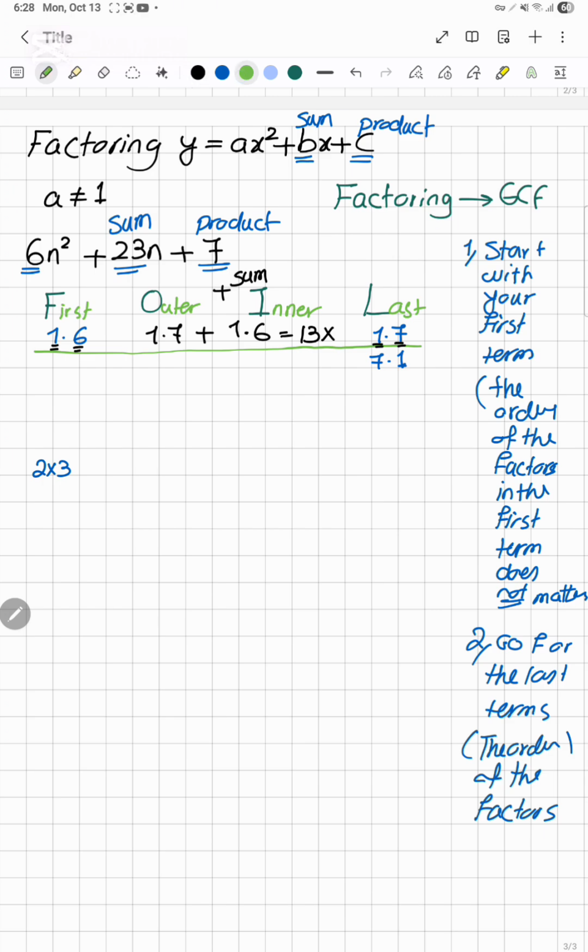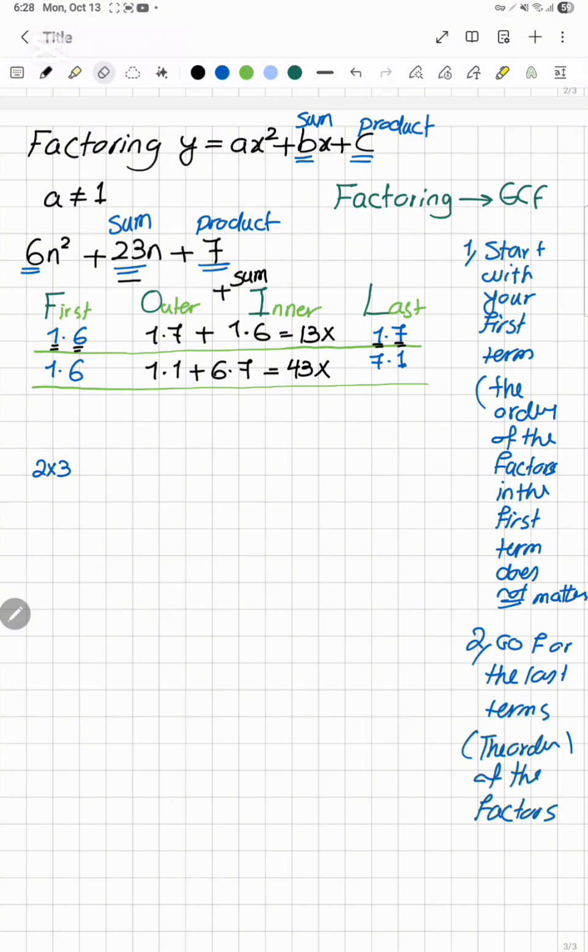Now I'm going to work with 1 times 7 and 7 times 1, and you're going to see that we're going to get a completely different answer. So pay attention again. The outer terms here are 1 times 1, and the inner terms are 6 times 7. 6 times 7 is 42, and 1 times 1 is 1. 1 plus 42 is going to be 43. Again, that's not 23, and that's not the sum that I was looking for.